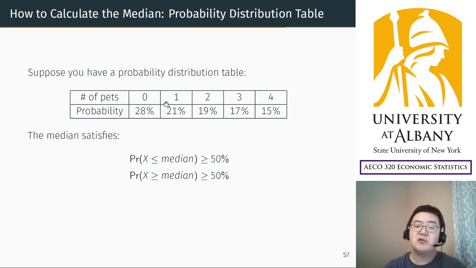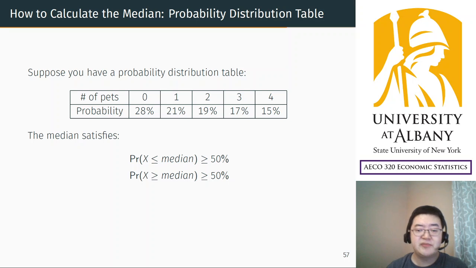So smaller than 2, the left side is heavier than the other side. Then you have to balance the weight, the probability, and find the middle given these numbers.